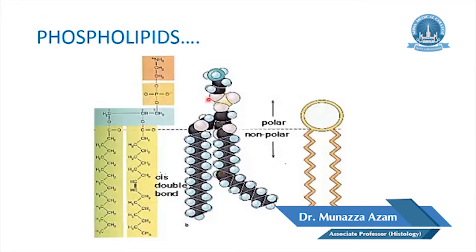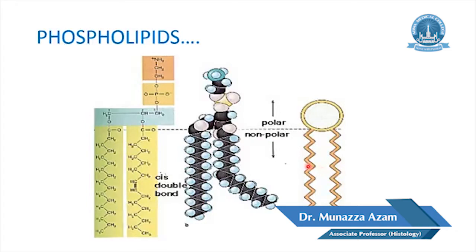Here you can see the structure of the phospholipids. This is the head of the phospholipid, the polar end, which is charged and hydrophilic or water loving, and these are two long chains, which can be saturated fatty acids or unsaturated fatty acids with a kink. These chains are non-polar, hydrophobic or water repellent.